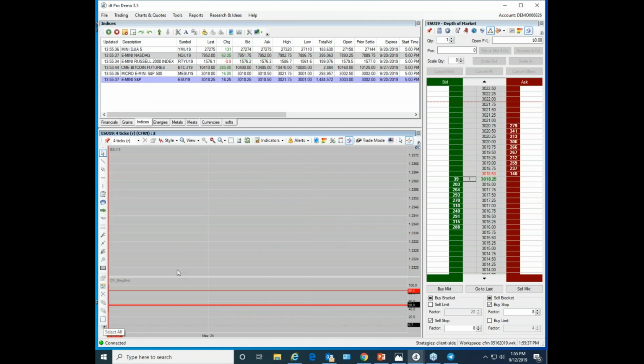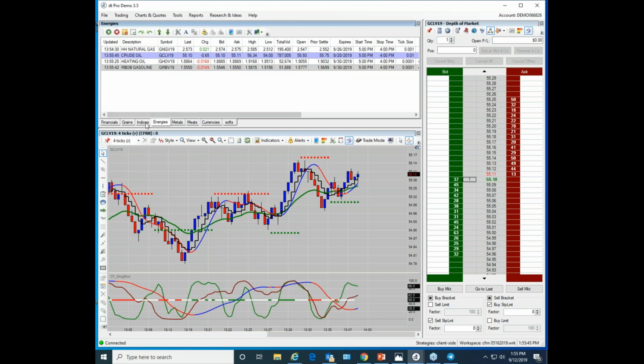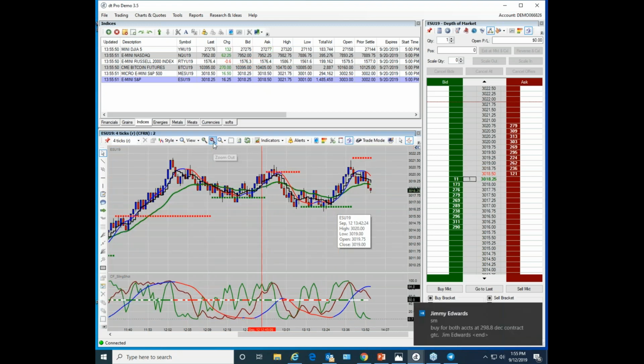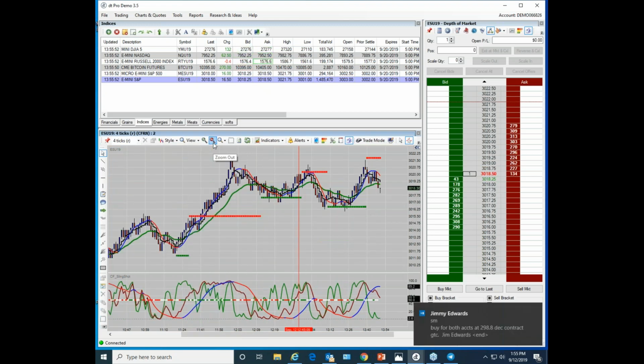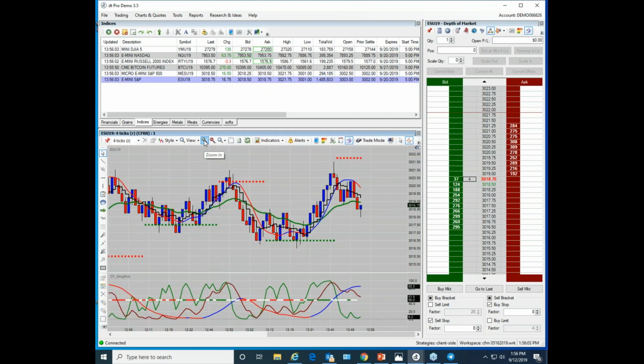They had all the ingredients of going up, but the fact that we weren't trending, okay, that's the difference between making and losing money right there. So just zooming out makes the difference between a winning trade and a losing trade. Okay, that's a good example of it.